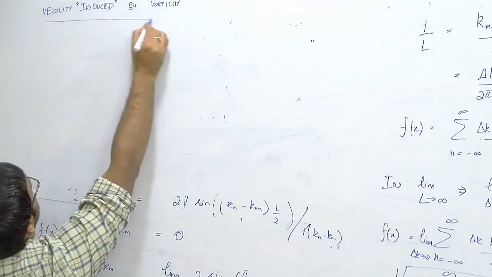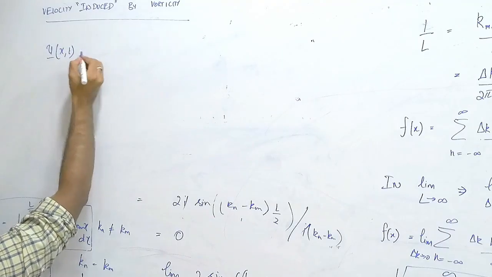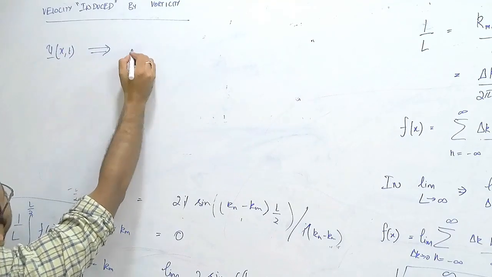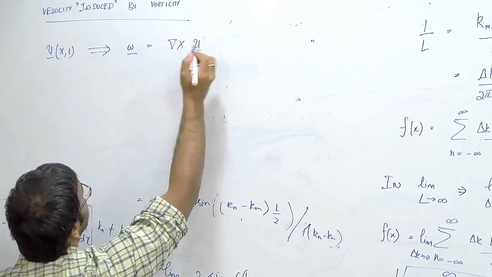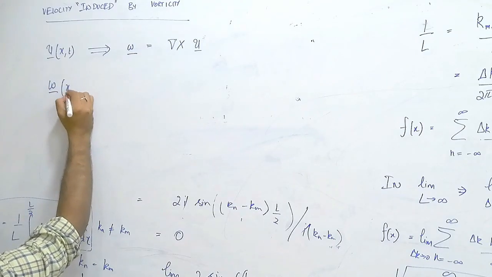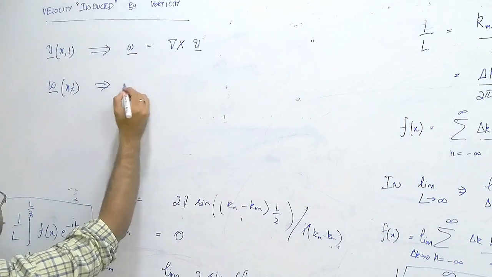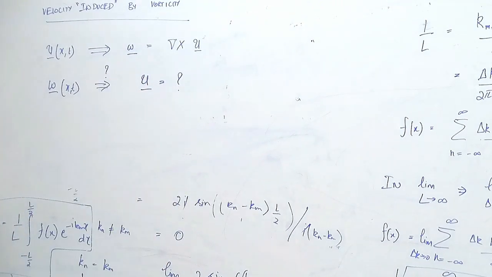And the idea here is that if I give you a velocity field, you can immediately calculate the vorticity field as del cross u. Given a velocity field, you can immediately calculate the vorticity field. What about the reverse? If I give you a vorticity field, can you tell me what your velocity field is going to be? Is it even possible? If yes, how?